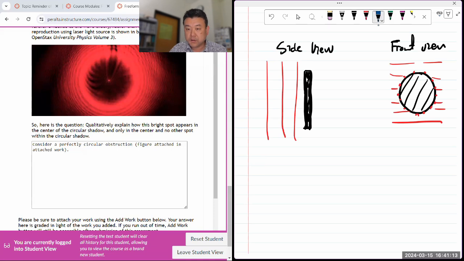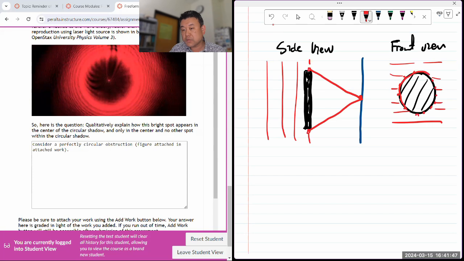When you are looking at a screen here, you are asking at what point on the screen these will constructively interfere. It's more complicated than a double slit because it's a whole two-dimensional shape. One thing you can say is that at the very center of the shadow being cast by the obstruction, the distance from the edge to that center point is equal for every single point along the edge.